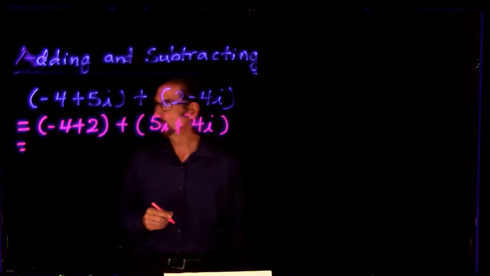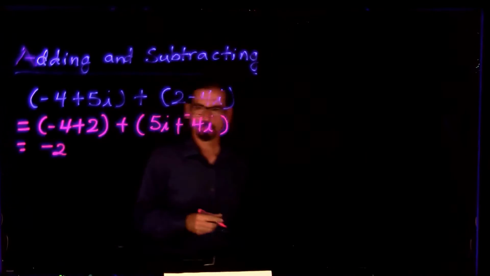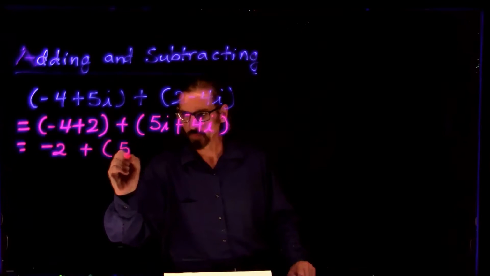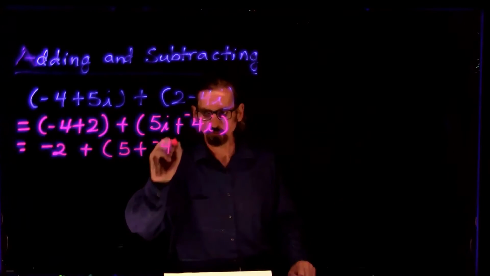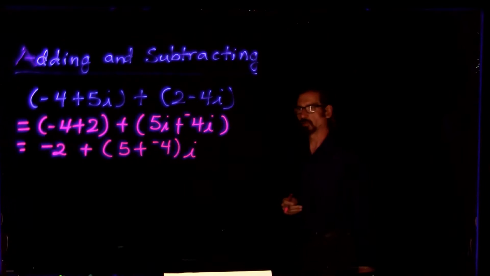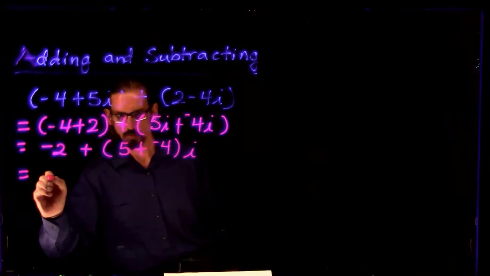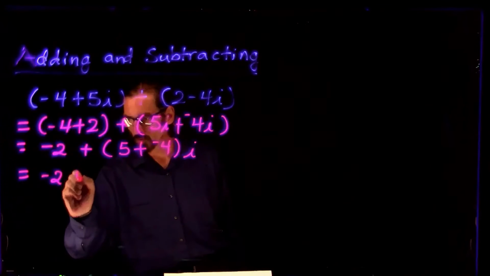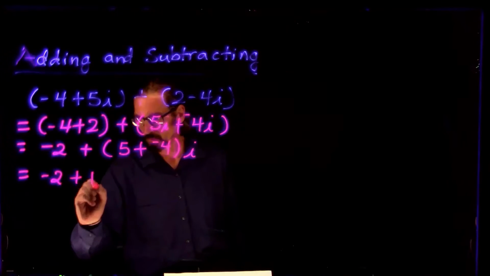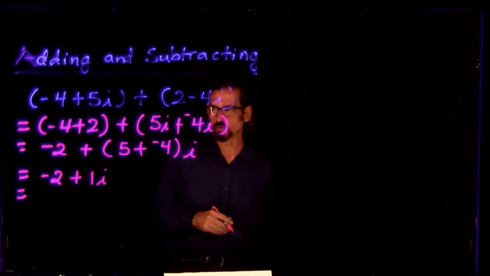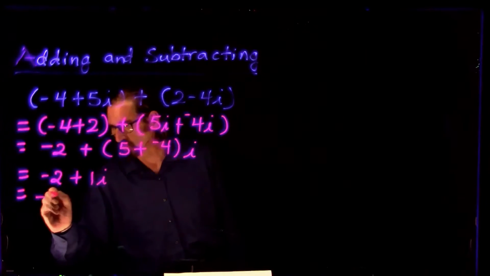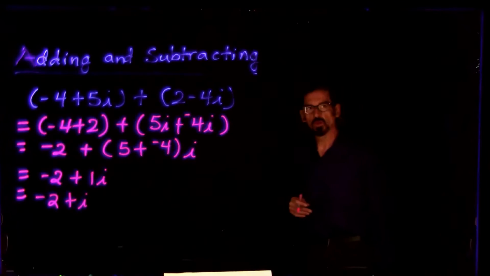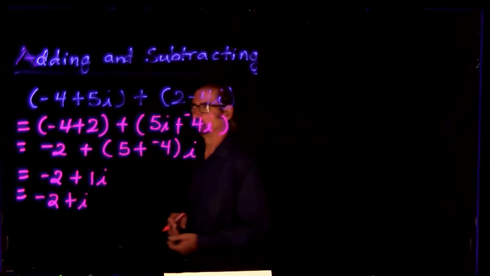Of course, -4 plus 2, that's -2. And technically, we talk about factoring out the i here. So 5 plus -4, that quantity times i. Of course, 5 plus -4, that's the same as 5 minus 4. So we have +1i. Well, when 1 is multiplied to something, we don't really need to write that, so we'll put -2 plus i. And then understood that we're talking about an imaginary part of +1.